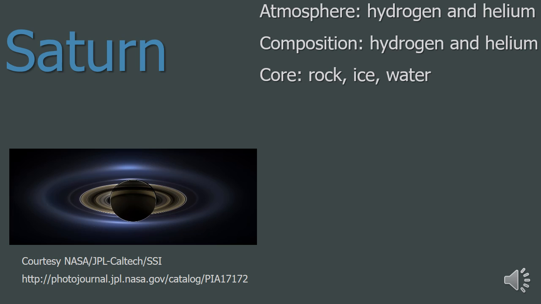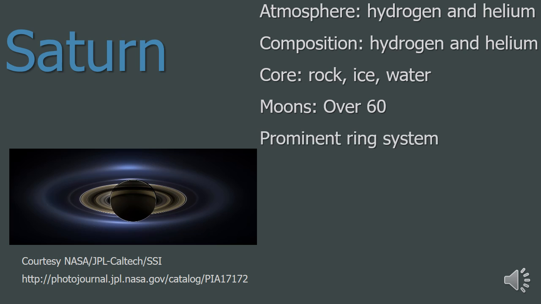Saturn has over 60 moons, and like Jupiter, more are being found. Saturn has the most prominent ring system of all of the planets. These are made up of several rings with gaps in between them. The temperature of Saturn is -150 degrees C.